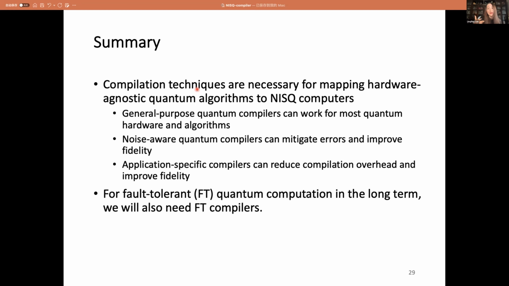And these compilers are very popular in the near-term quantum computers as we are using right now. However, for the long term, we will have to perform fault-tolerant quantum computation. In that sense, we will also need different compilers, that is, fault-tolerant compilers for different quantum error correction codes.